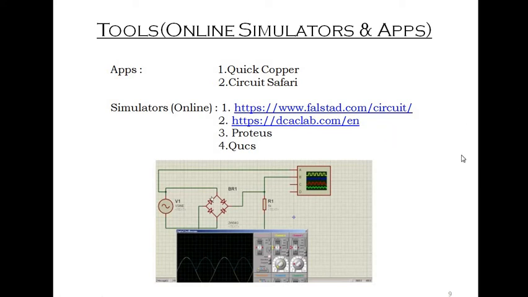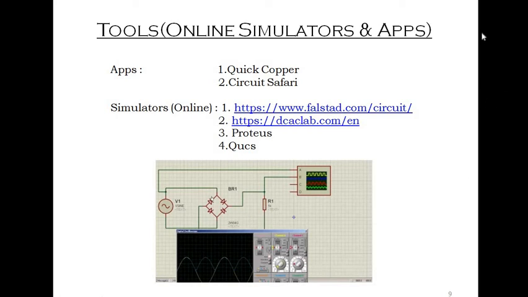And this diagram below shows how a simulation will look in Proteus. It is a bridge rectifier experiment, right? Input is a sine wave, which you can see in the graphical CRO. Output is a rectified output, a full wave rectifier output. This we're going to see during the lab session.